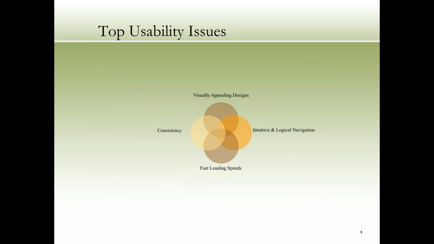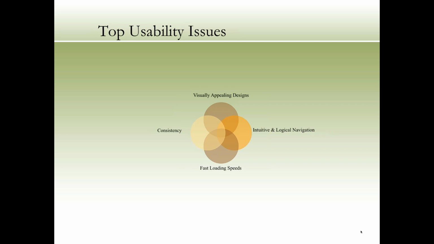So the top usability concerns that we find are that websites just simply are not updated. The design is about 5 to 10 years old. You can tell visually it's just not appealing to the eye for users. The menu navigation is not intuitive. It's not logical. It doesn't make sense.